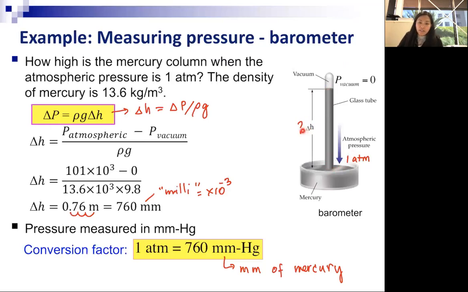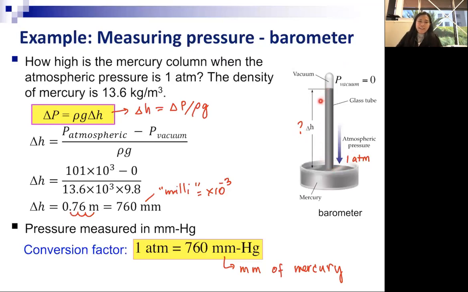It's quite strange to measure pressure in terms of height, right? In terms of the height of the mercury in this column, in this tube.